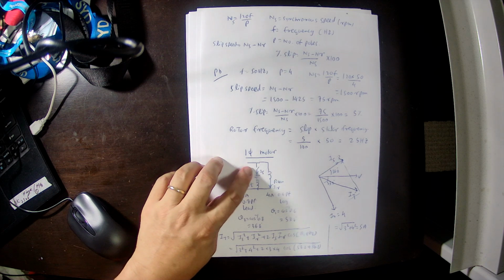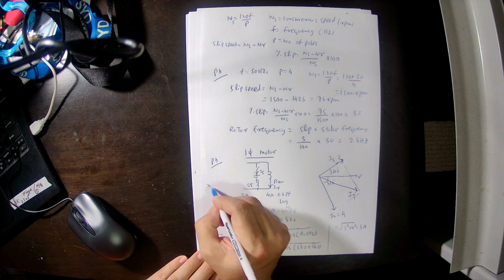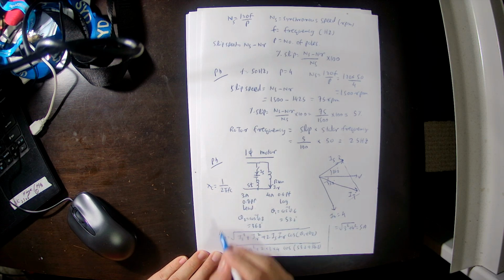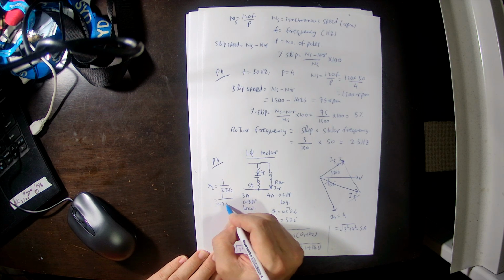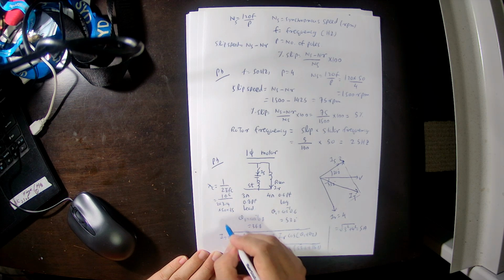So this capacitor is 35 microfarad. So that we can calculate XC, which is 1 by 2 pi f C. So 1 by 2 multiplied 3.14 multiplied 50 multiplied 35. To change the farad, multiply 10 to the power of minus 6.